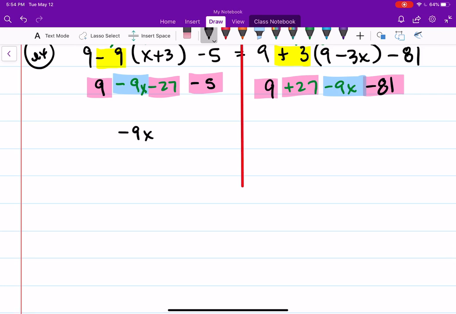Now I have to go on the calculator and say, okay, I got 9 minus 27 minus 5, and I get a -23 is equal to.